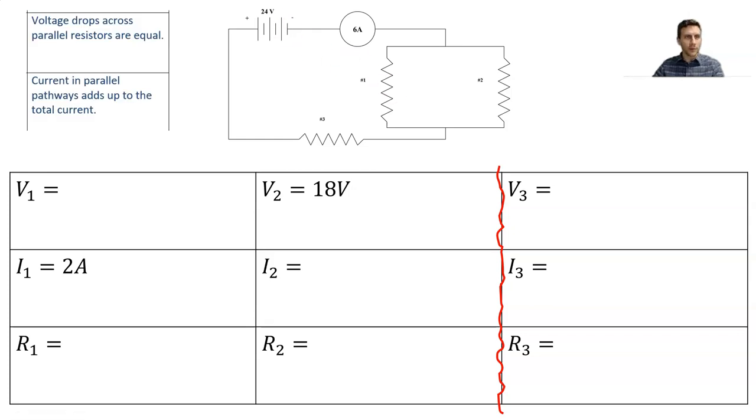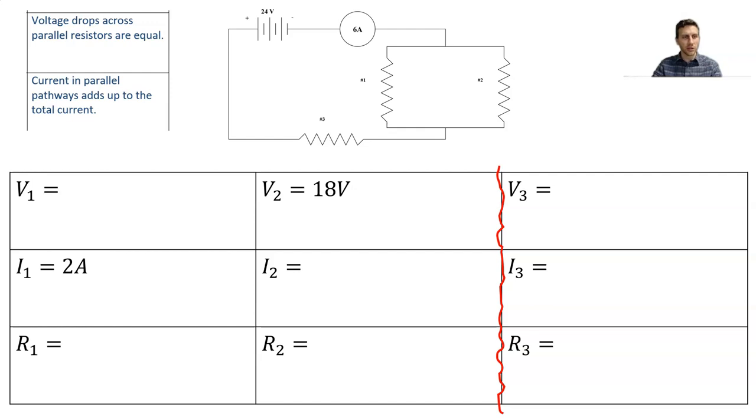So voltage drops across parallel resistors are equal. So these two drops, okay, remember this is a voltage rise. Losing voltage across a resistor, we call those voltage drops. And so these are going to be equal. And the current in parallel pathways, these are going to add up to the total current.